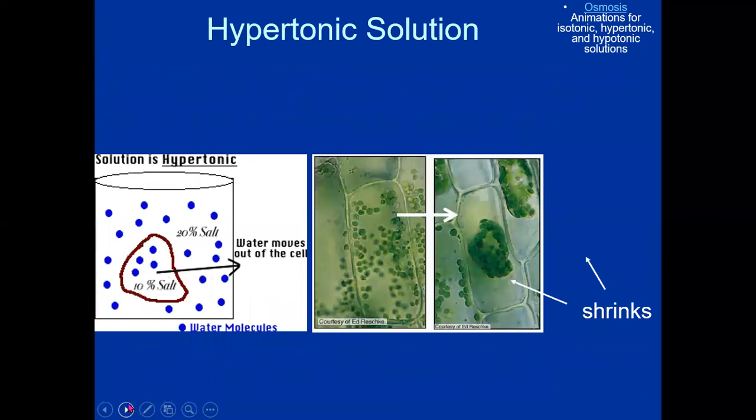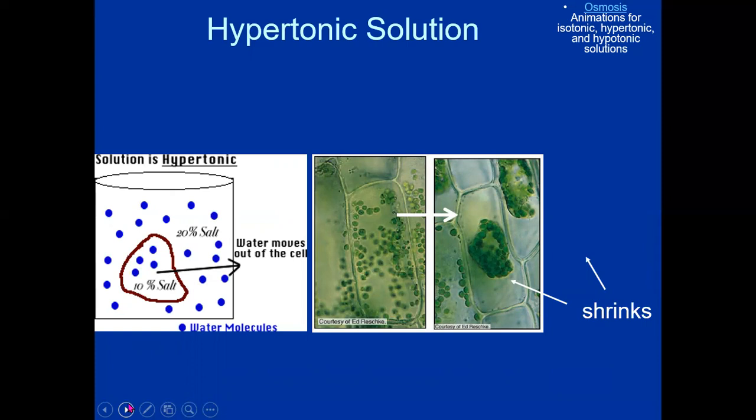However, when a plant cell is placed in a solution that is hypertonic, meaning the outside of the cell is more concentrated than the inside, what happens?